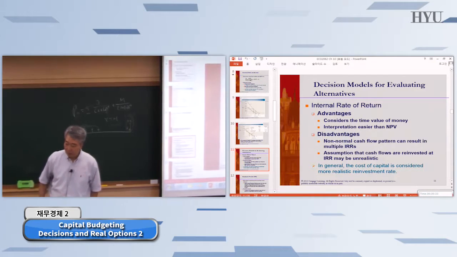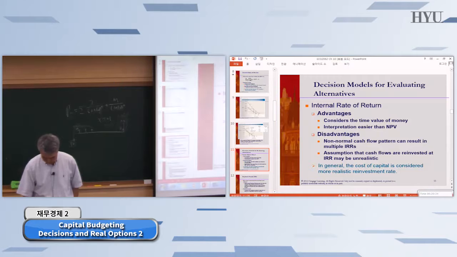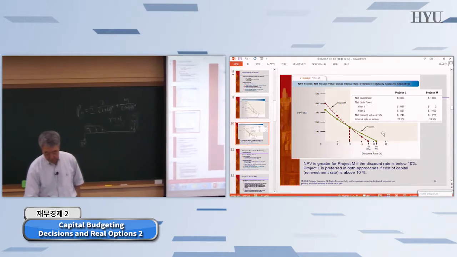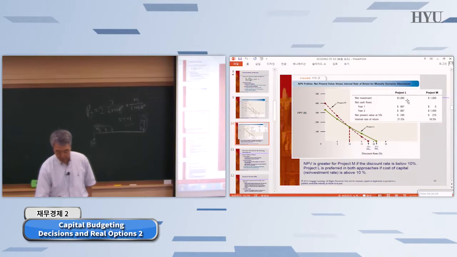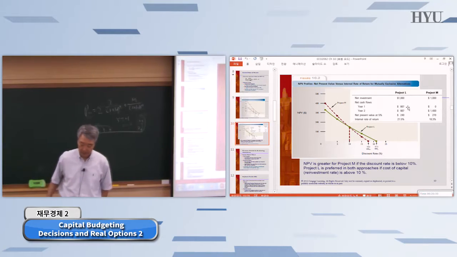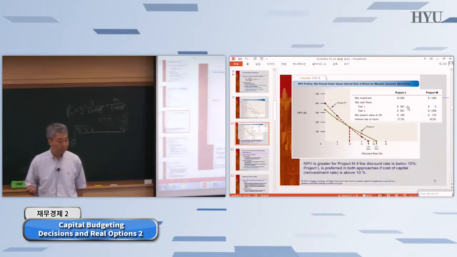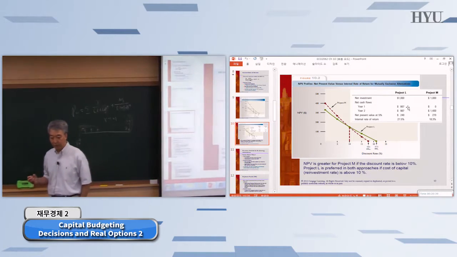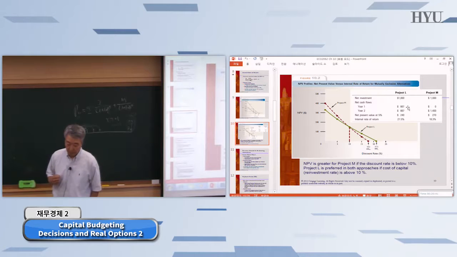And that may be unrealistic, right? What are we talking about? Here, look at this project L, right? First year, you get $667 return, or that's cash flow inflow, right? So you have earned the $667.